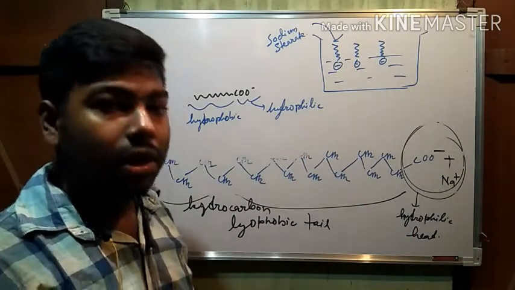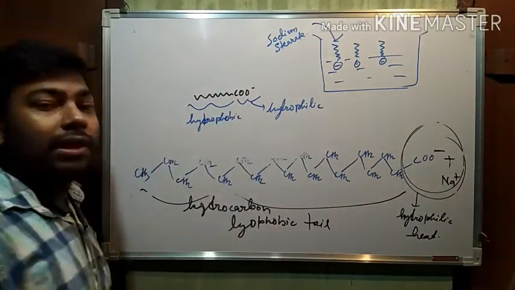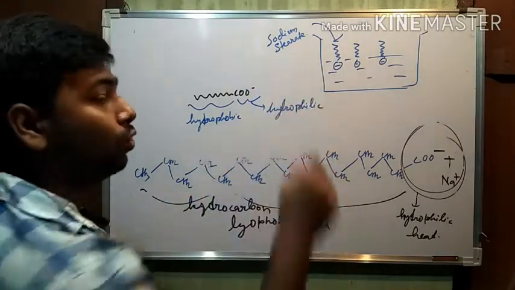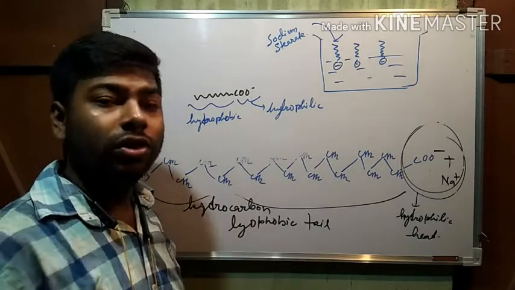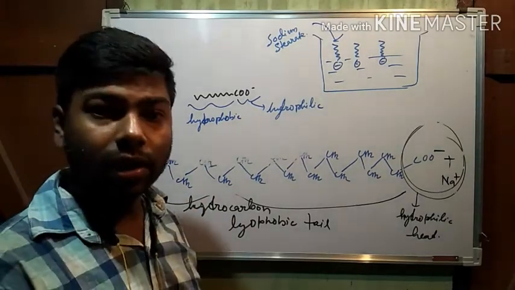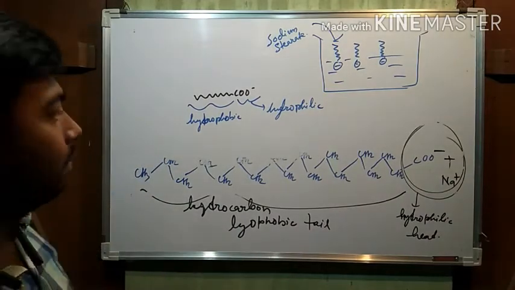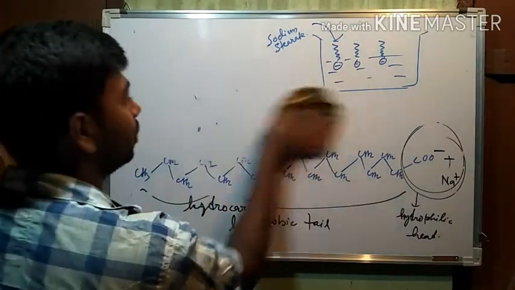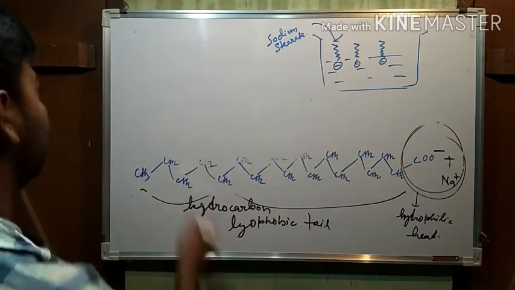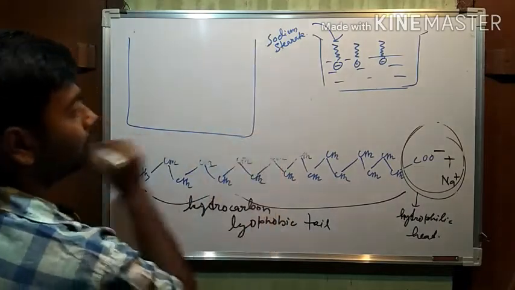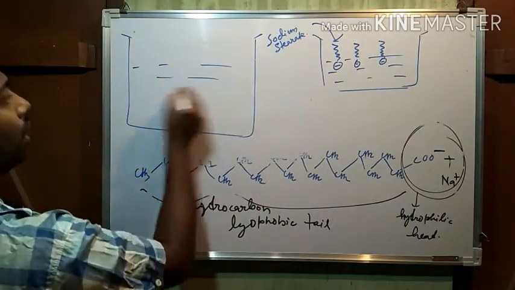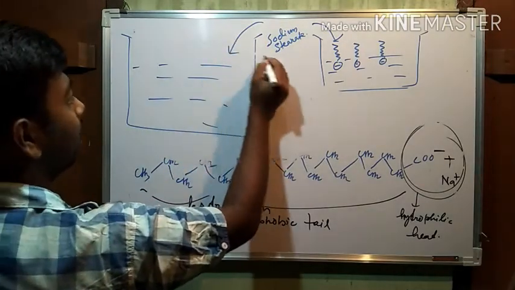Now see, at the critical micelle concentration, that means when we add a sufficient amount of sodium stearate to aggregate, that concentration is known as the critical micelle concentration. At the CMC, suppose this is a big beaker, or you can say a big bucket, with lots of water and sodium stearate.